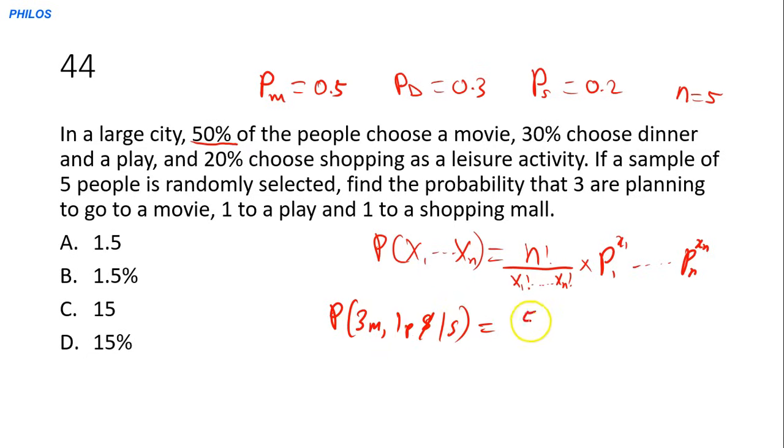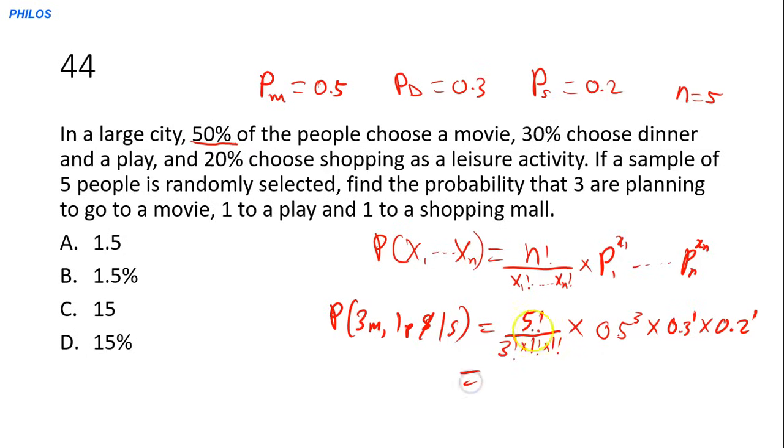So that will be equal to 5 factorial divided by the first x, which is 3 factorial, times the second x, which is 1 factorial, times the third x, which is also 1 factorial, times the probability of the first one, 0.5 exponent the first x, which is 3, times the second probability, 0.3, exponent its x, which is 1, times 0.2 exponent 1.